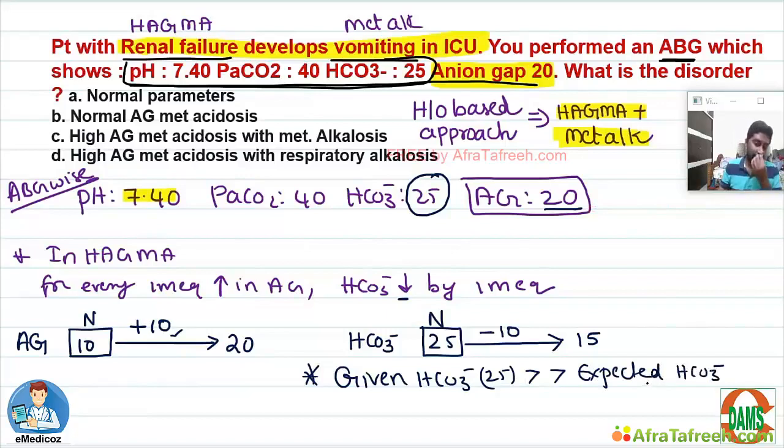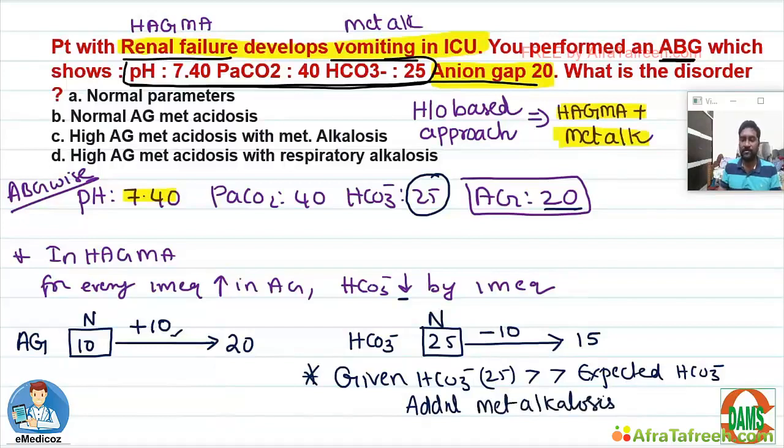So whenever given bicarbonate is higher than expected bicarbonate, there can be chances of additional metabolic alkalosis. So there is some other disorder which has added up bicarbonate to the patient's body, bringing it to 25. Now, within the given history, is there any disorder capable of adding bicarbonate to the body? Yes, vomiting. So it causes metabolic alkalosis that we know.